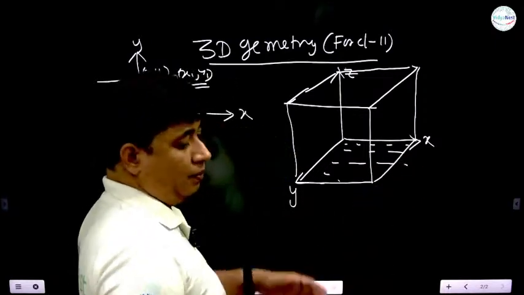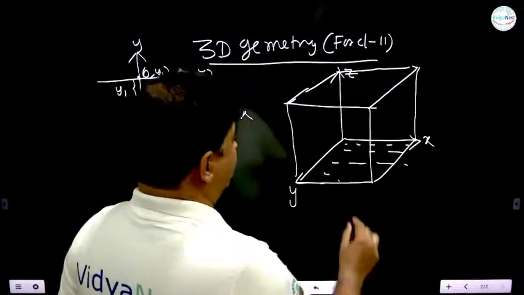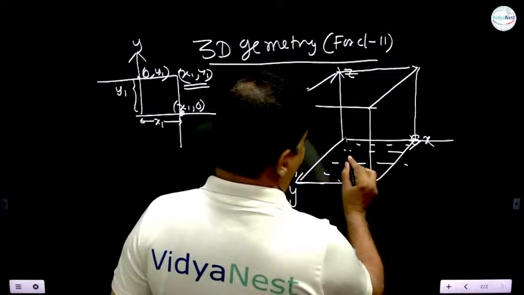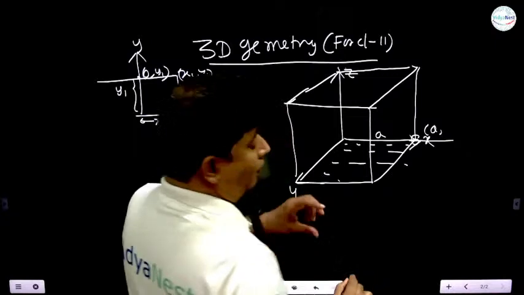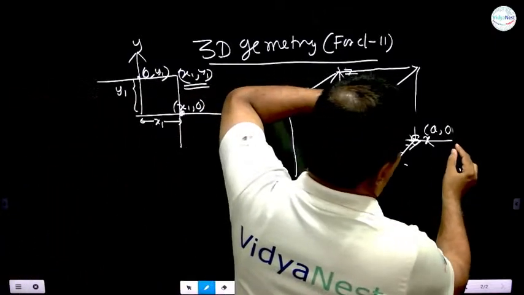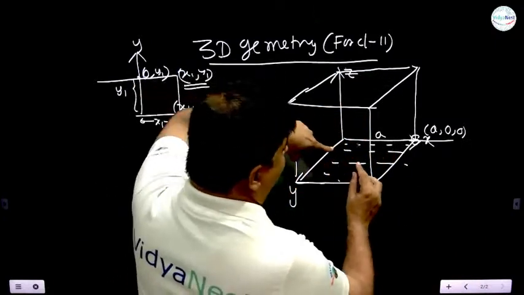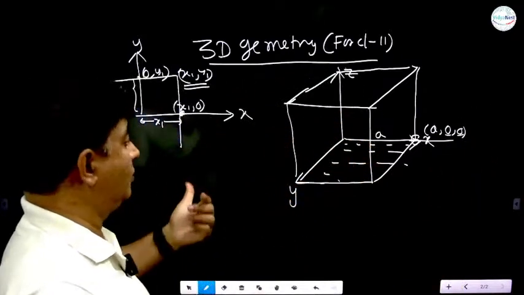Okay, you can compare this to the room which you belong to. This is the x-axis. Any point here, this length is suppose A. Now in 3D, this point will be denoted by (A, 0, 0). What does it mean? Its x component is A, y and z are 0.